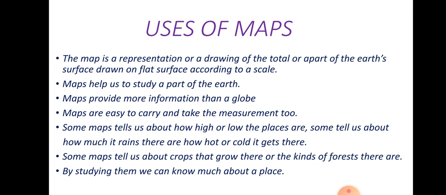So by using these maps, we know the places, whether high or low, cool or hot, whether it is forest or mine, mountain or plain. We can find out very easily by using the map, and it is very easy to carry from one place to another compared to a globe.